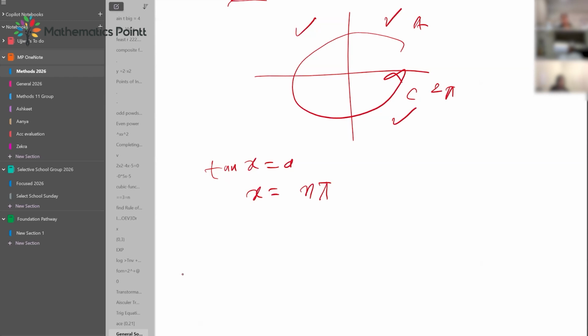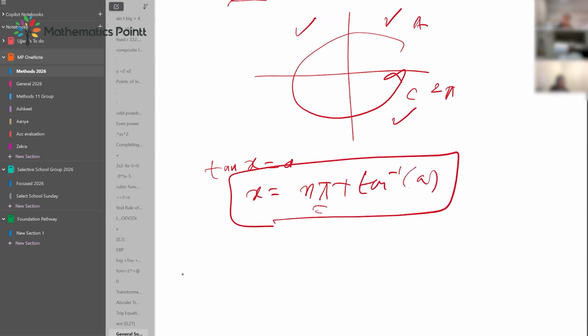The period is pi on n, so there's no 2n there. And you simply say plus tan inverse of a. So all these generic solutions are nothing but pattern identification of your solution. That's about it. Just identification of the pattern. Nothing more, nothing less. So if you don't specify the domain, you get the generic solution. Am I clear?